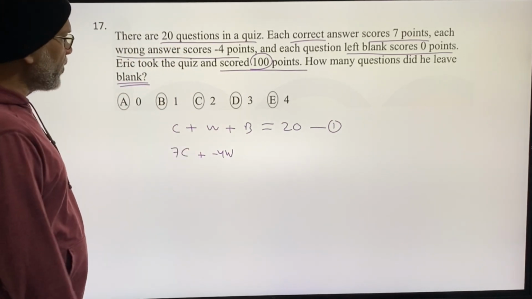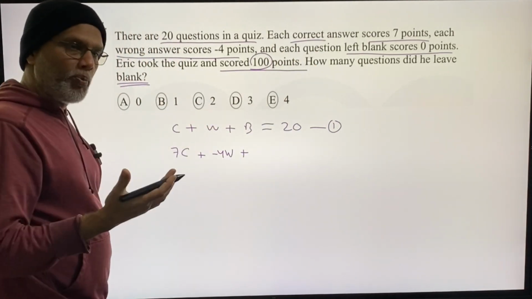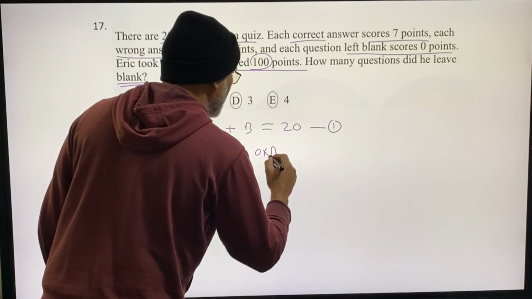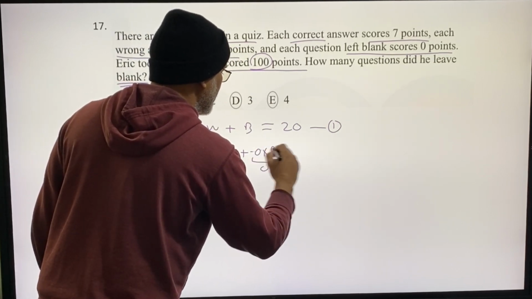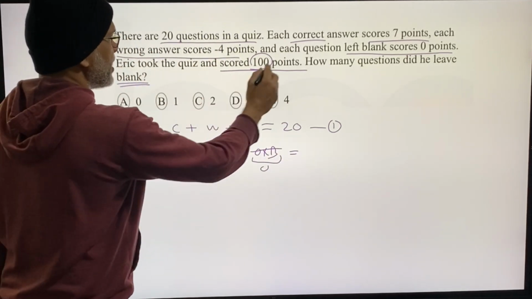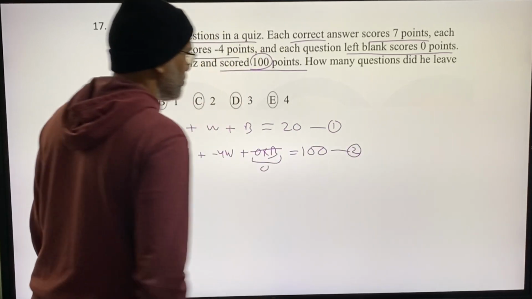For each blank, he scores 0 points. For B blank, he will score 0 times B points, which is 0 anyway, so we can disregard this. And the total points must add up to 100, right? So this is equation 2.